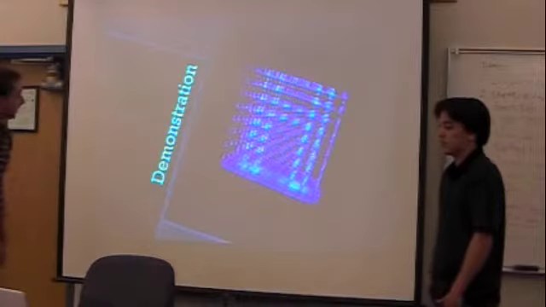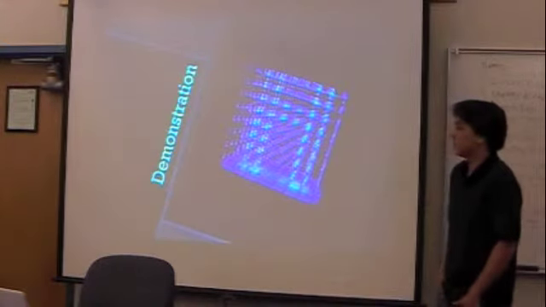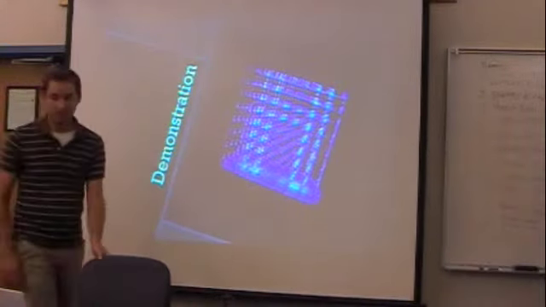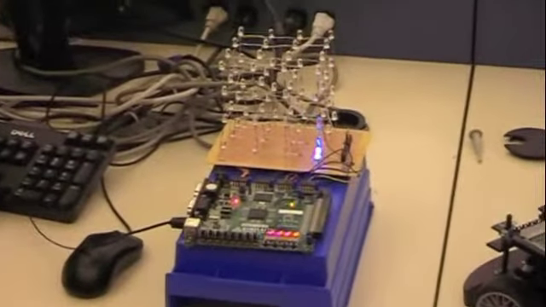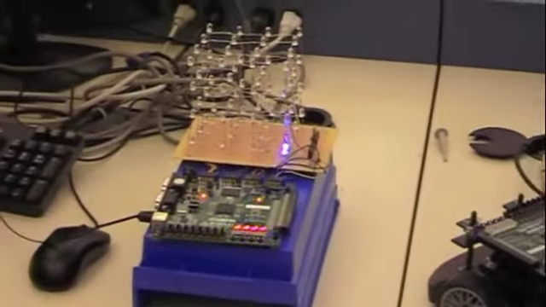So now we can check it out in the demonstration over here. They're plenty bright to operate with the lights on, but it's even more impressive with the lights off, so if nobody minds, kill the AC.